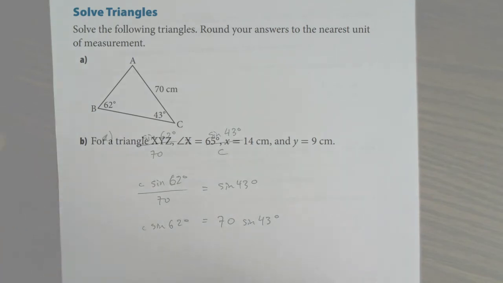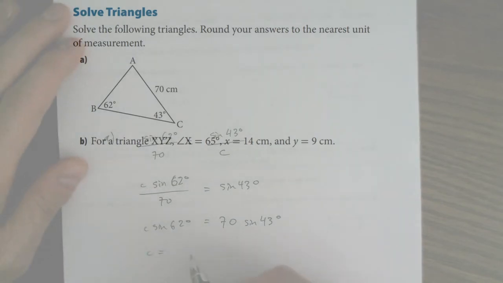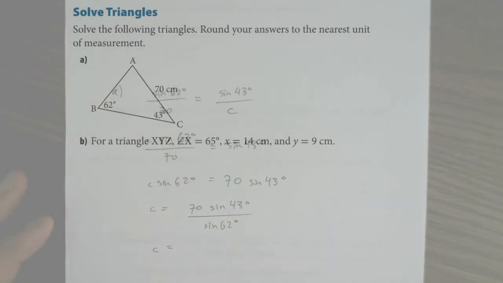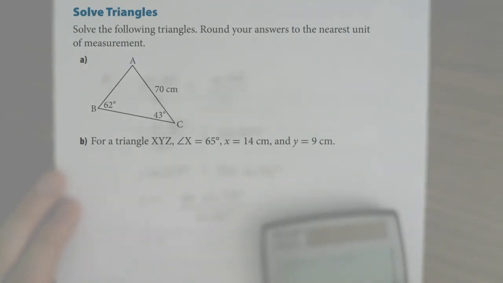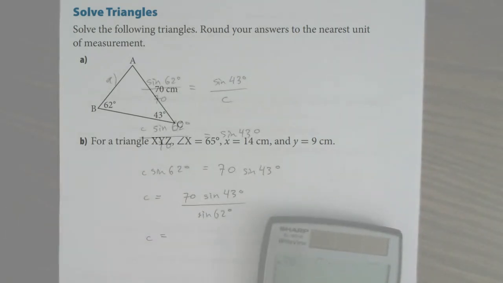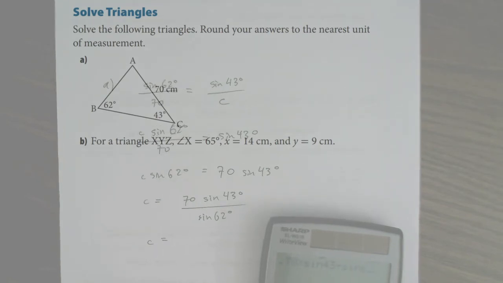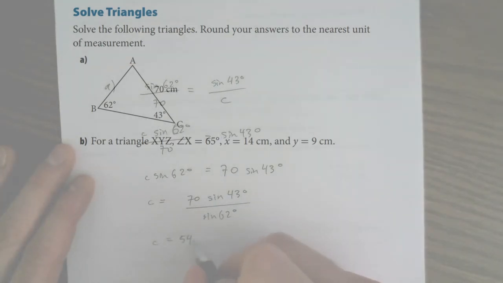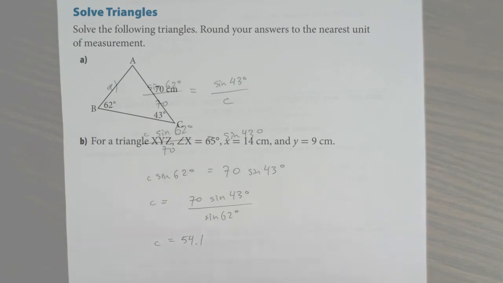And divide both sides by sine 62 rather. The result is .1 centimeters.